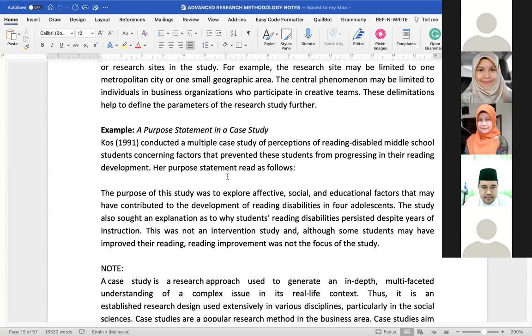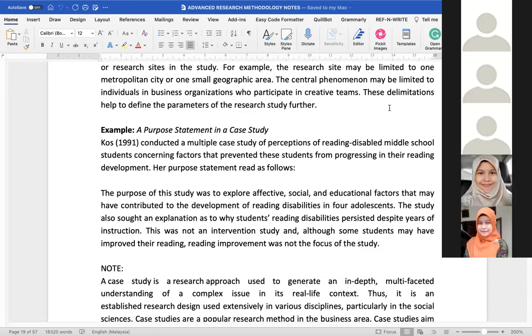The purpose statement read as follows. The purpose of this study was to explore effective social and educational factors that may have contributed to the development of reading disabilities in 4 adolescents.